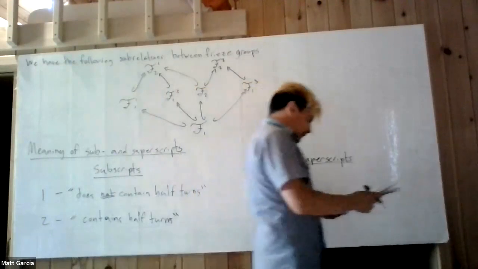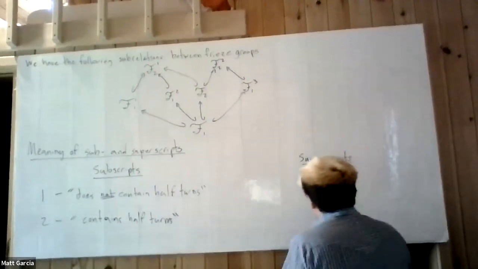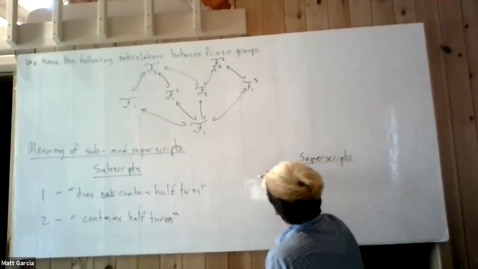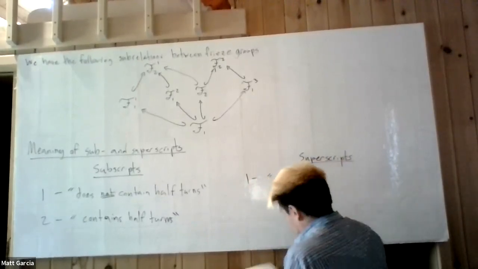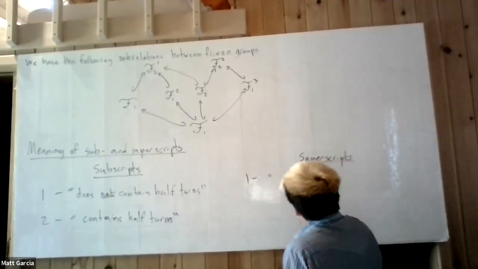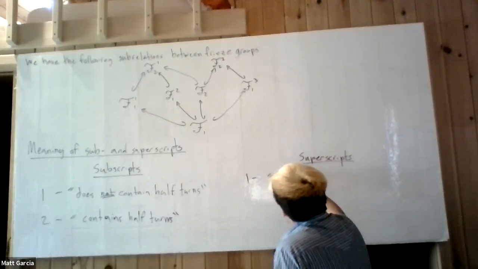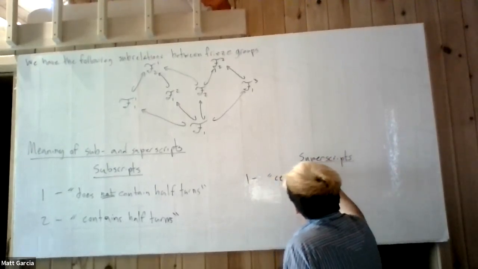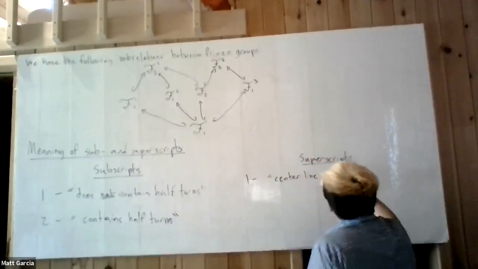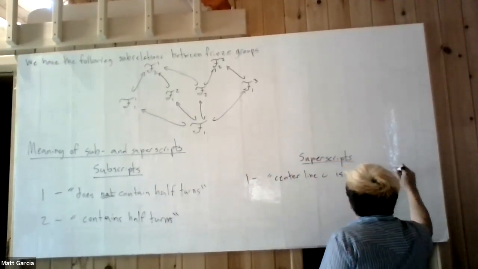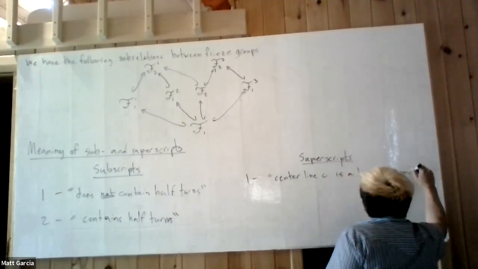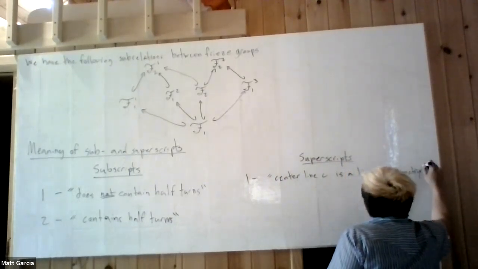Okay, how about the superscript? Well, the superscript 1 means that the center line C is a line of symmetry.